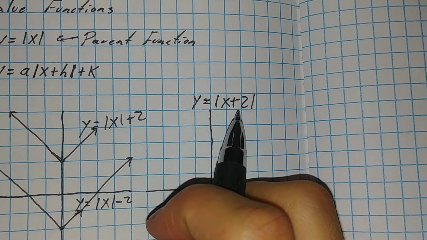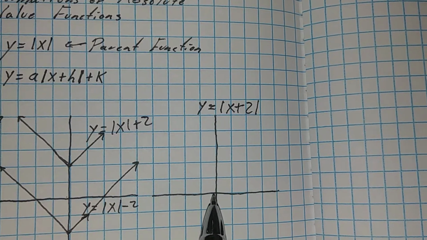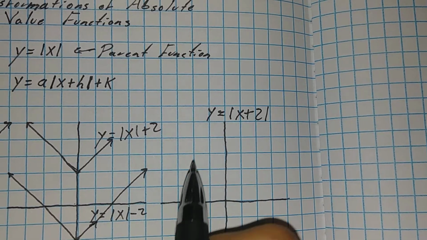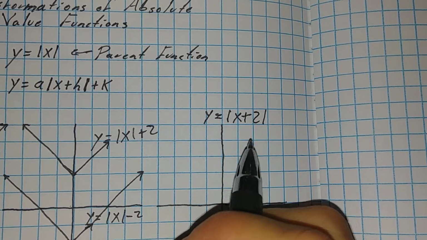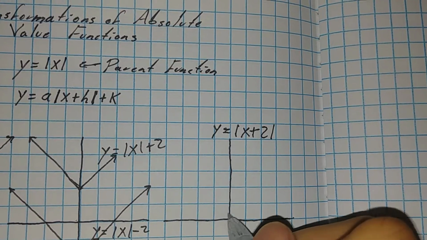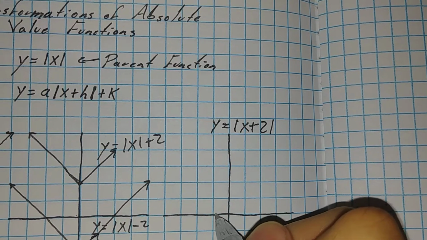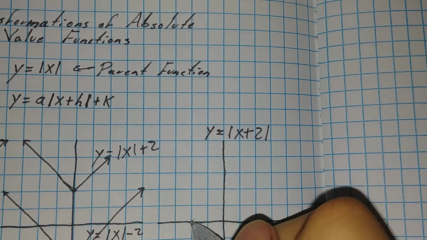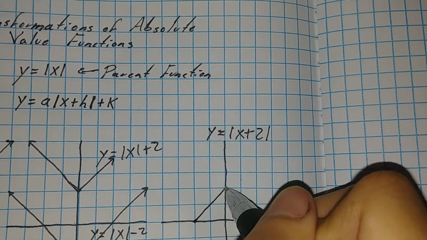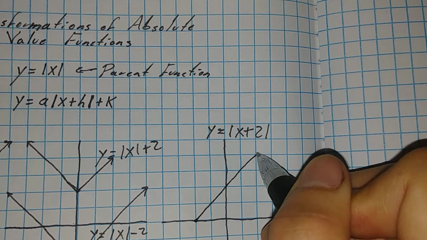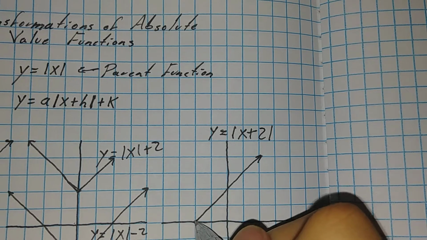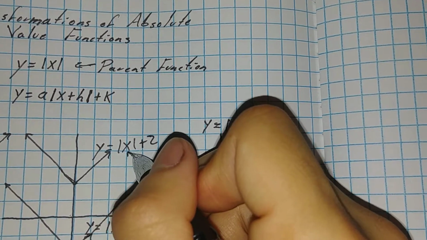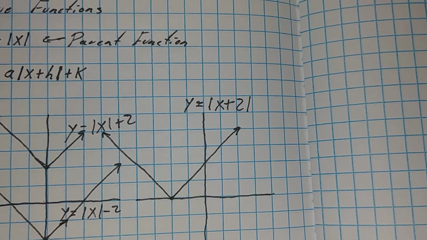This is a tricky one, because the positive doesn't go to the positive side. It actually goes to the negative side. So here, the absolute value of x plus 2 is a horizontal shift 2 units to the left. I have my same graph, but shifted 2 units to the left.